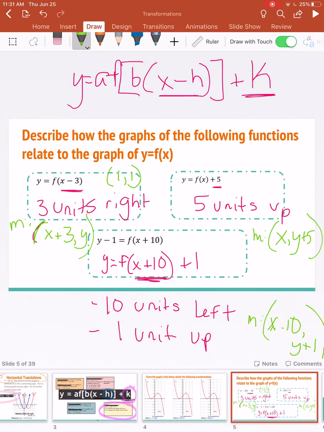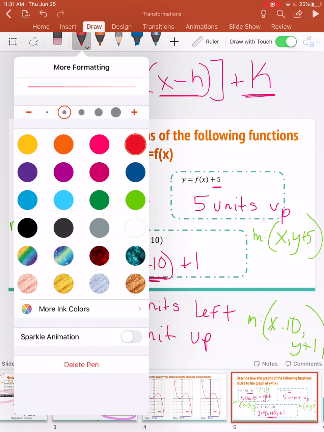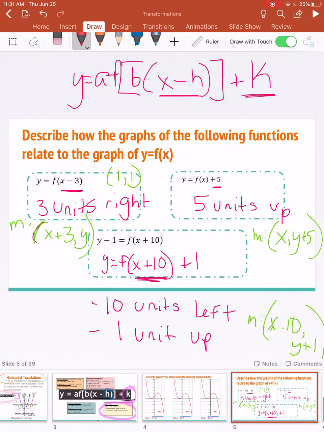I would input that 1, 1 into my mapping coordinates, and I know after the translation, this point would move to 4, 1, because you just substitute the 1 in for the x, and the y of course stays the same. So mapping coordinates tell us the new point after a transformation, which is super handy when you're doing 3 or 4 transformations at a time, which we will see at the end of this unit.